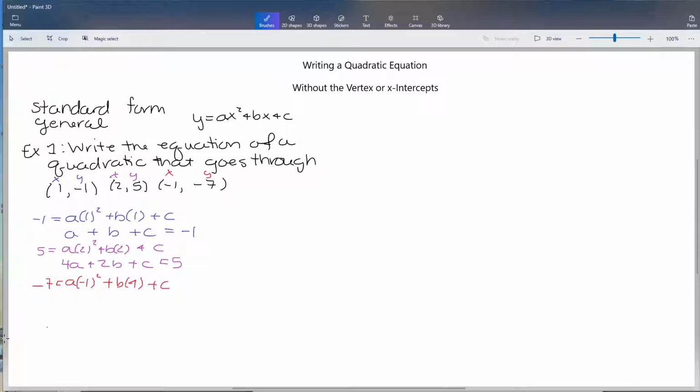Okay, so -1 squared is +1, so this is still just going to be a, this is going to be minus b, and this is going to be c, equals -7.